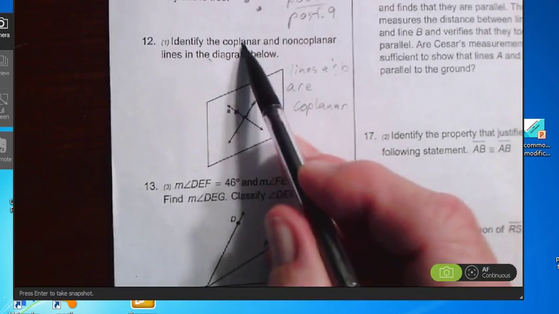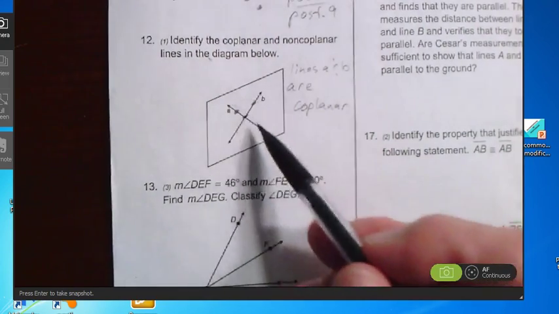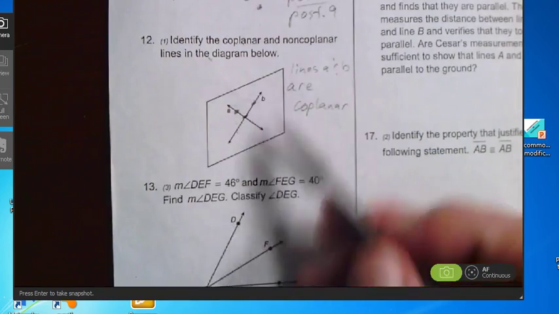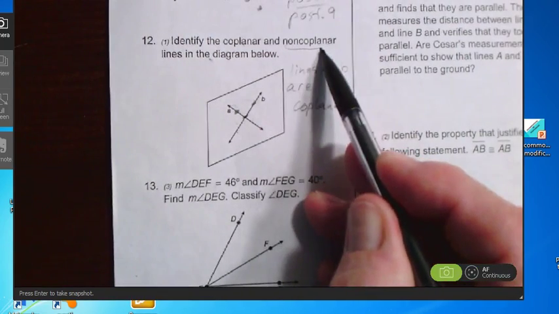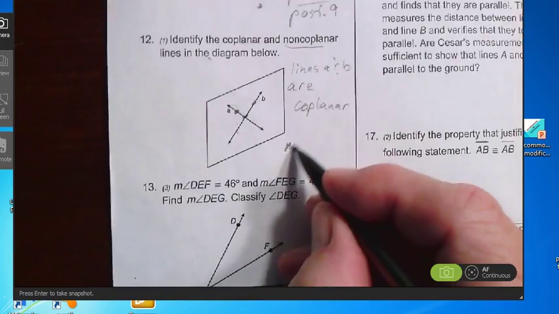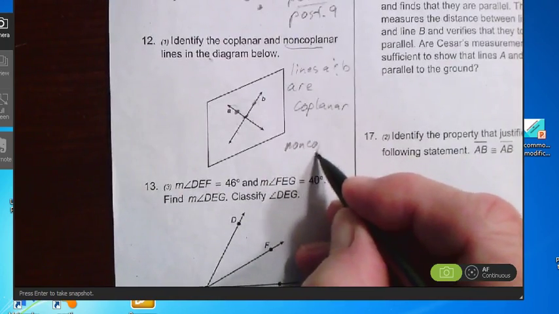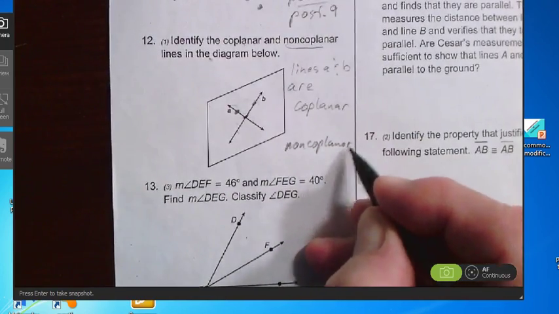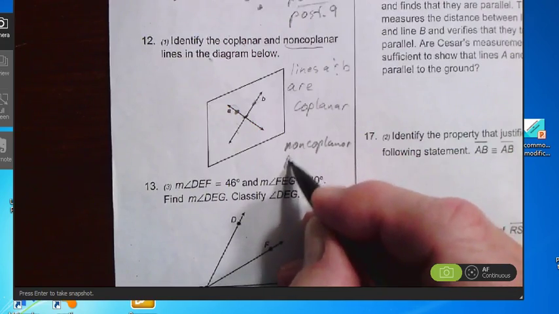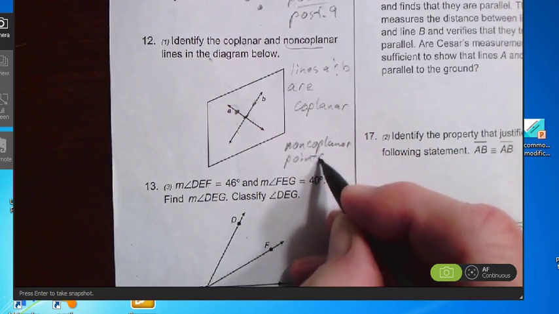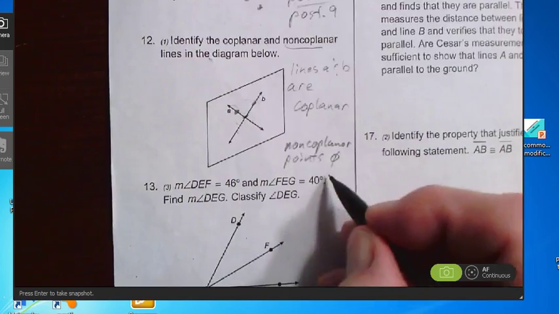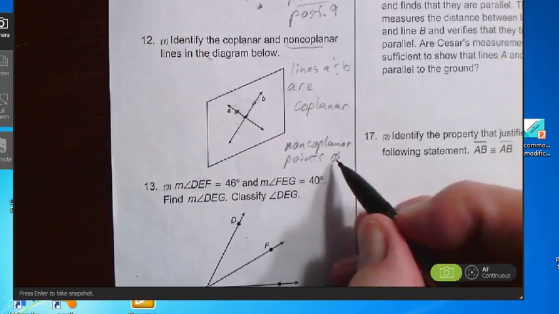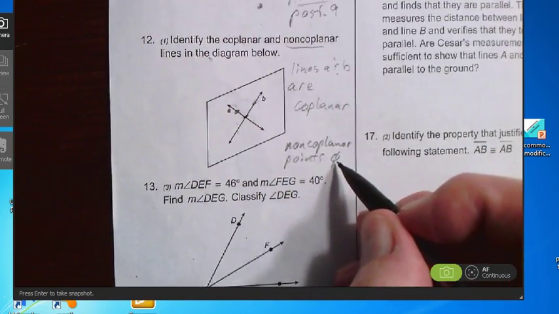They'll always be coplanar when you have lines that intersect. So there are no non-coplanar points. Non-coplanar points don't exist. That's an empty set. That's the null set. That says that they're not there.